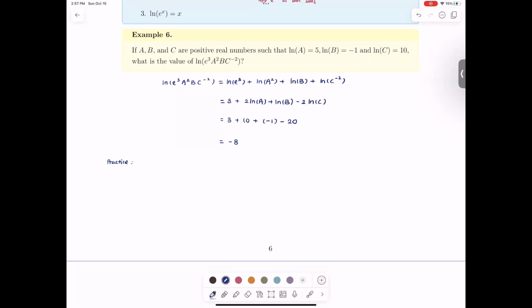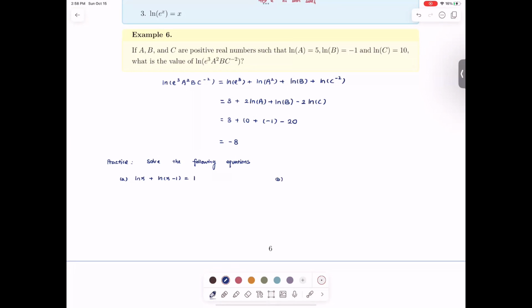Let's do solve the following equations. A is ln x plus ln of x minus 1 equals 1.